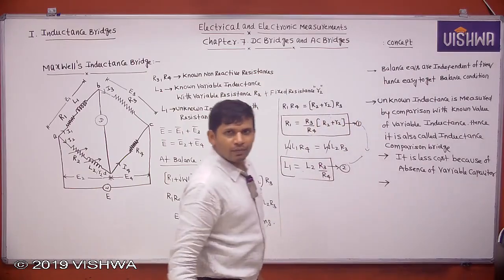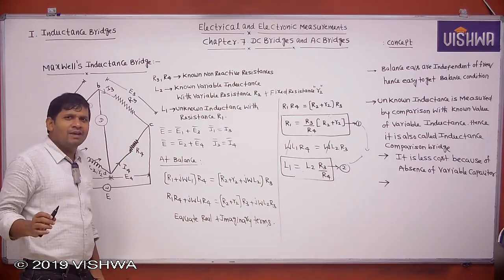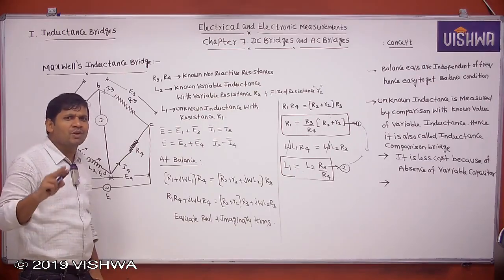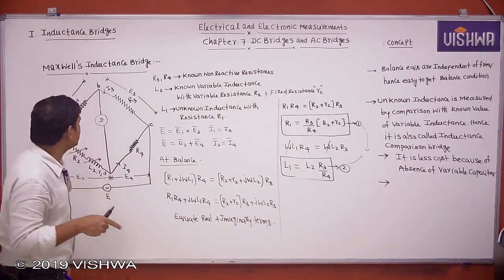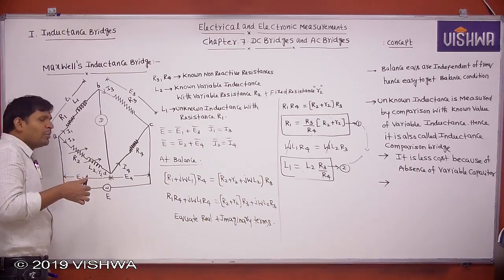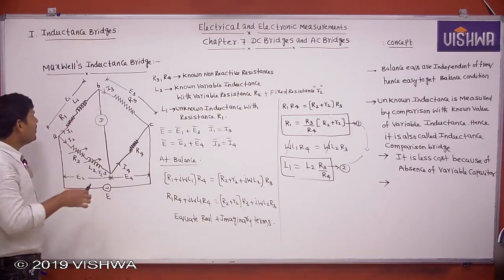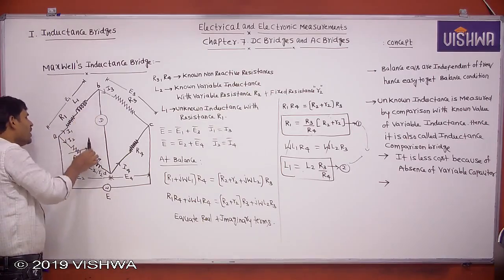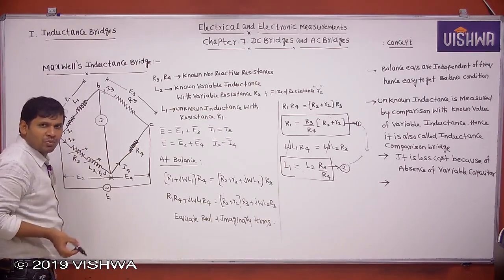Next, one more point. In general, bridges may be AC or DC. Mainly the bridges are of two types: ratio arm bridge and product arm bridge. When is a bridge treated as a ratio arm bridge and when as a product arm bridge? In any bridge, if the unknown and variable are in adjacent arms, then it is a ratio arm bridge.